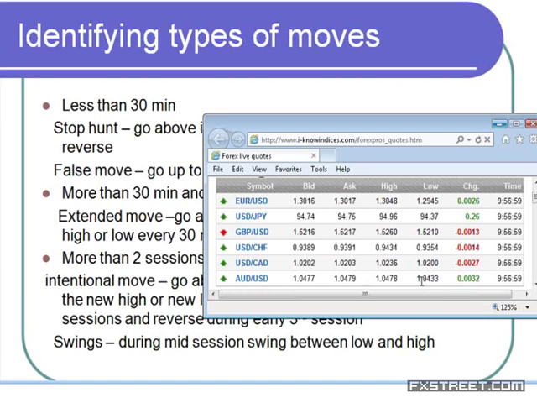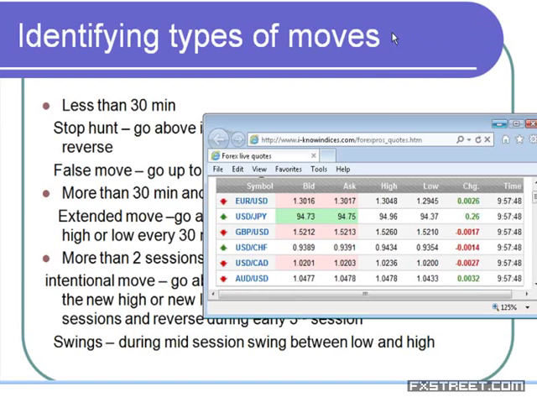Then you expect the rise for 2 sessions and the start of the 3rd session, and only then they will reverse it. So they started the rise above the initial high during European. They will continue through the US session, and tomorrow at the Japanese session start, they will make one upward stop and then start the reversal move.